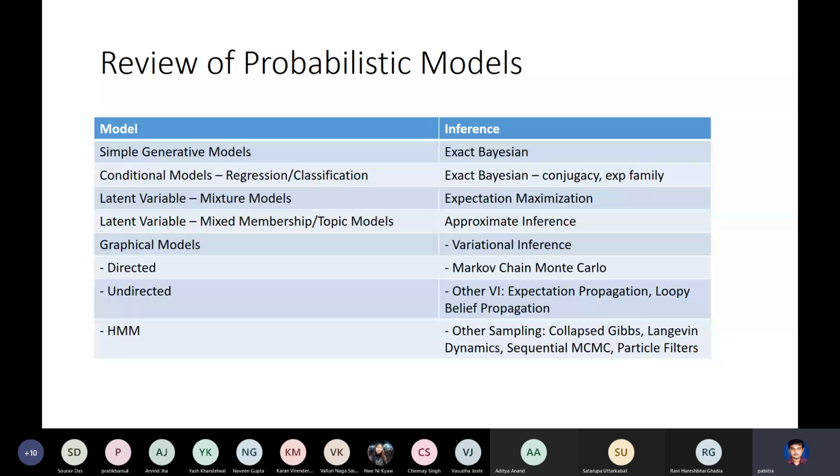On the one hand, we have studied and we will study these, and for each of these models we need to use some inference algorithm. Inference, in the sense that something is given to you: some assumptions about the data in the form of priors, and some data points themselves, which help us find the data likelihood. Then you combine the assumptions, the prior, with the likelihood to get the posterior.